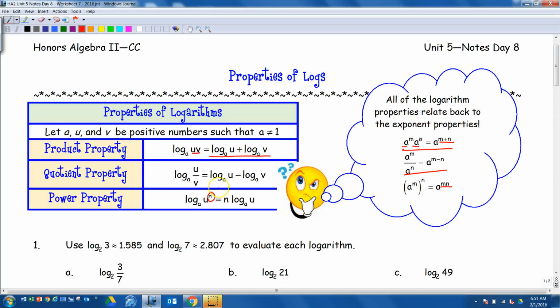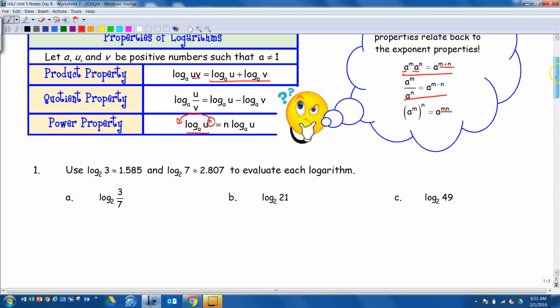And this is a very important property, because with logs you can bring the power in front and multiply it to the log, because the log is also a power. And that's an important property because that'll allow us to solve things algebraically and get those x's down from that power up there.